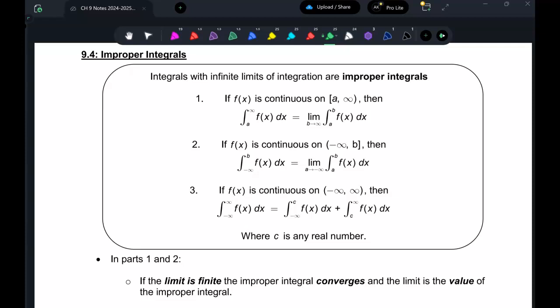Surprise. Okay. Improper integrals. Improper integrals will have limits, or integrals, I should say, where the upper bound, the lower bound, or both bounds are infinity or negative infinity. Okay?